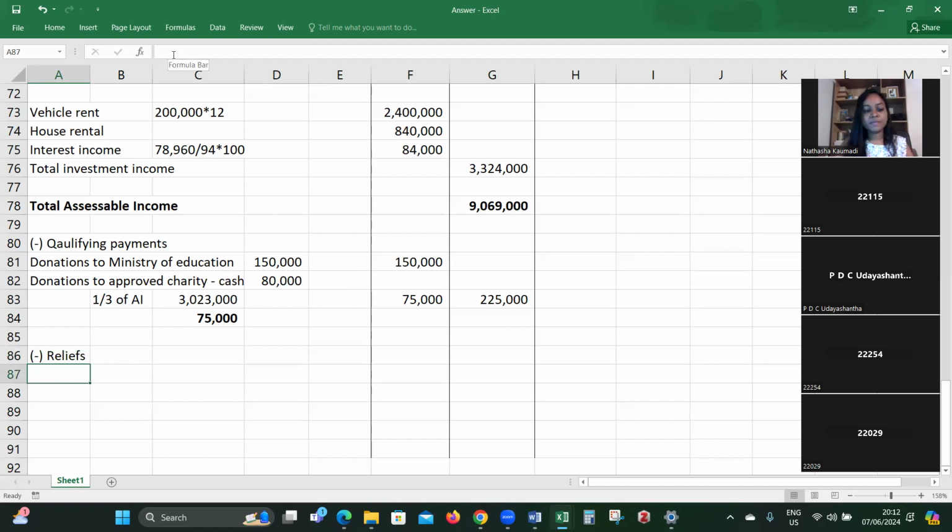Reliefs. So what is the relief? We can have the personal relief, because this is an employee. Personal relief, individual. What is the personal relief we can deduct? Can I have answers? What is the personal relief?